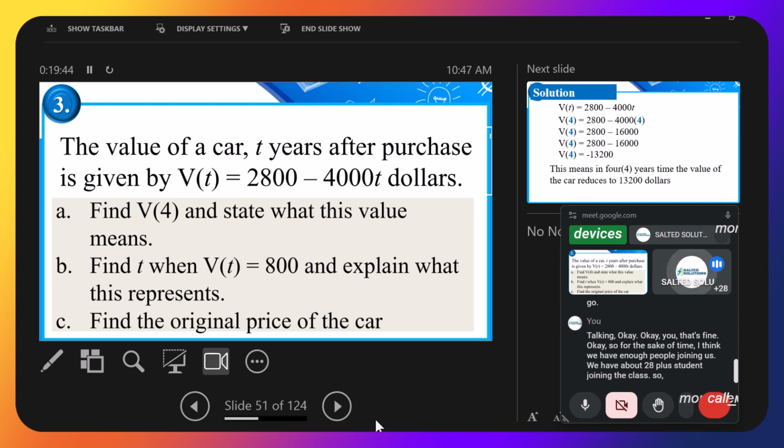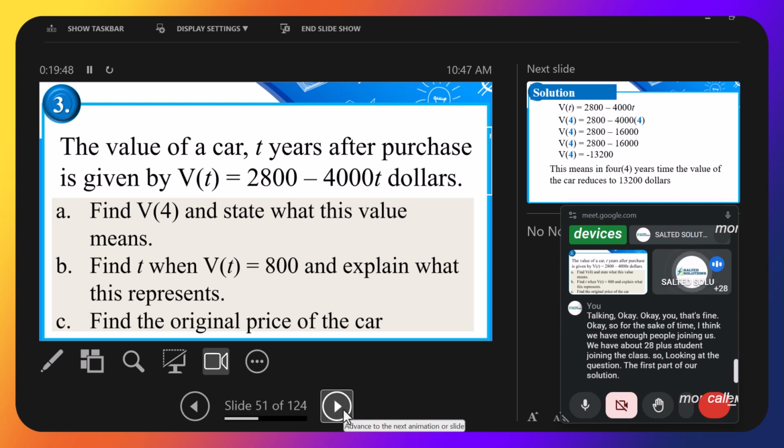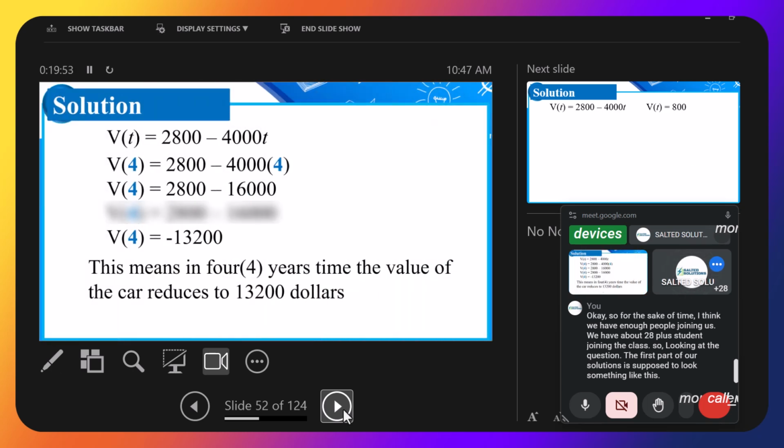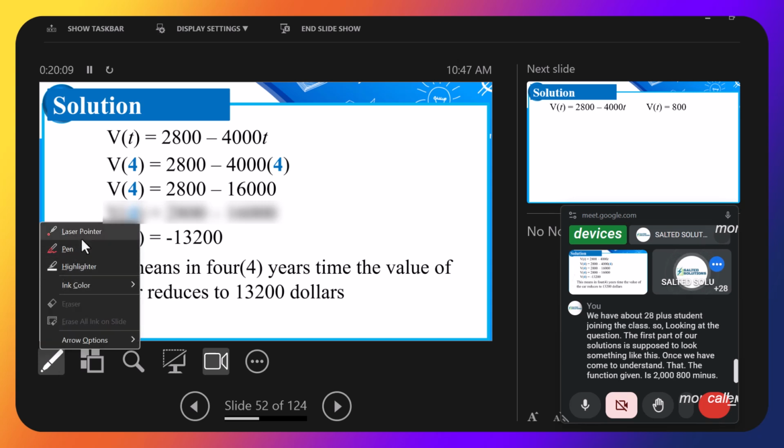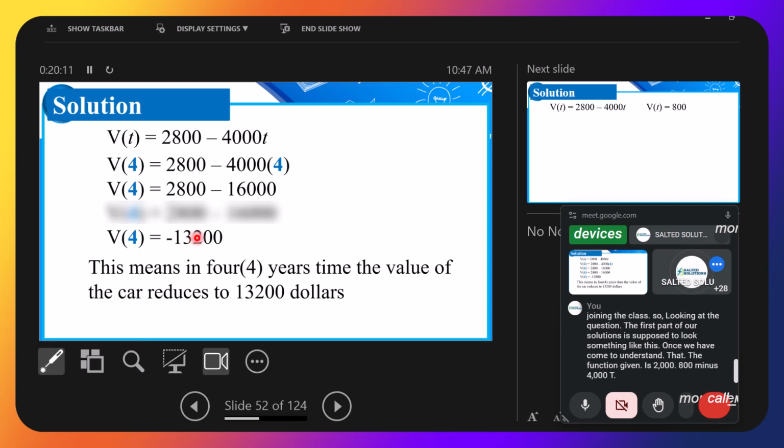Looking at the question, the first part of our solution is supposed to look something like this. Once we have come to understand that the function given is 2,800 minus 4,000 t, and we are supposed to find v4, which is the function of 4.